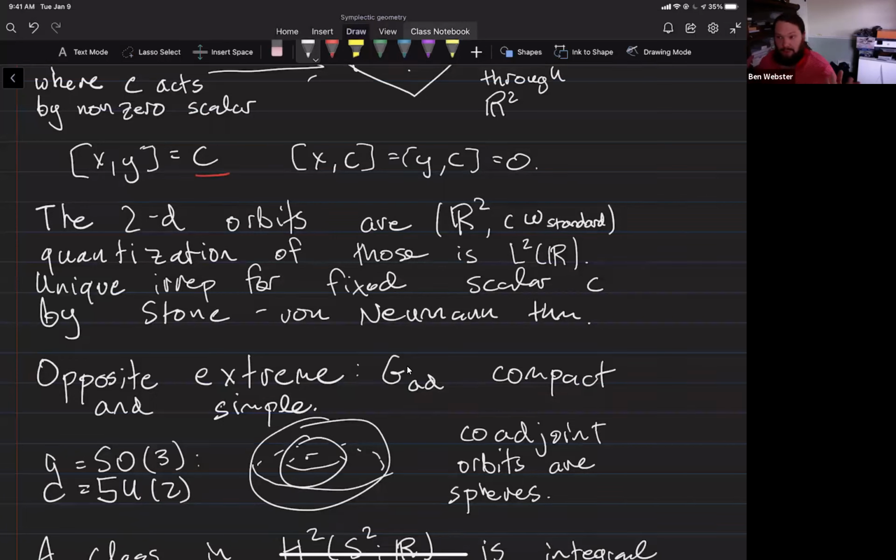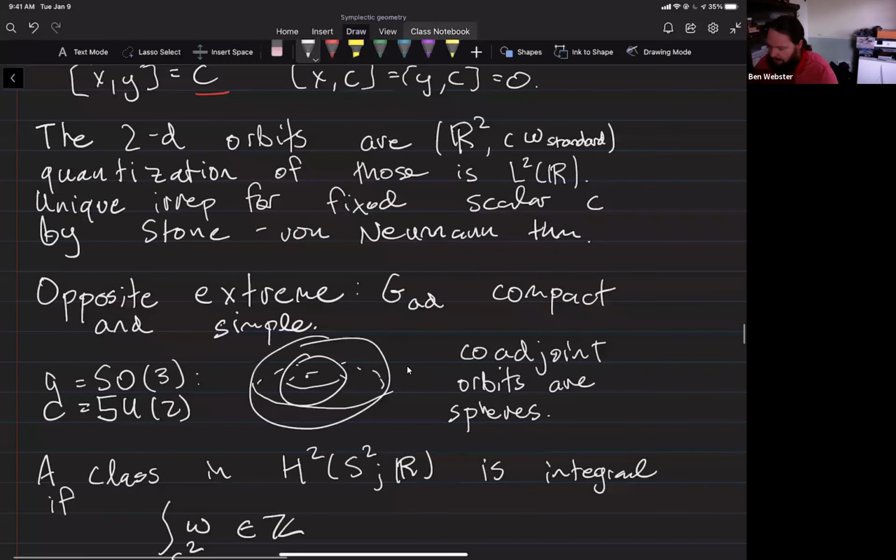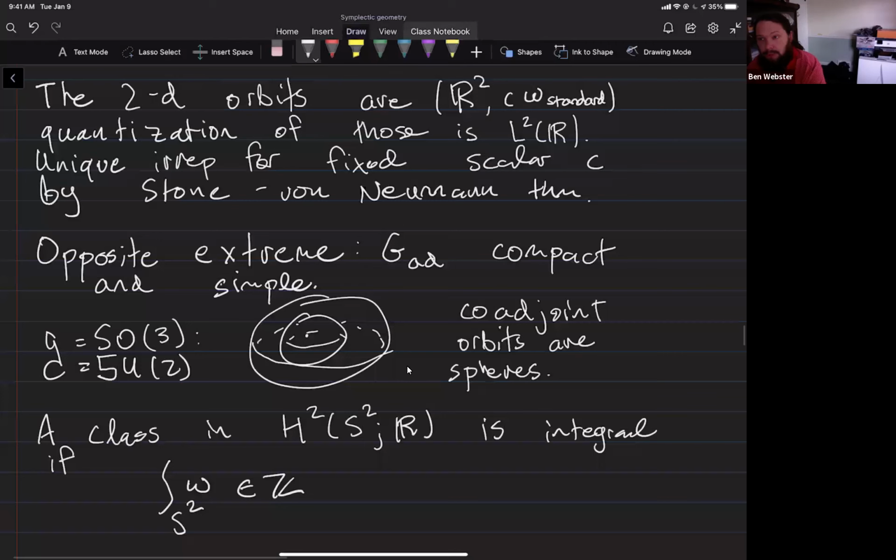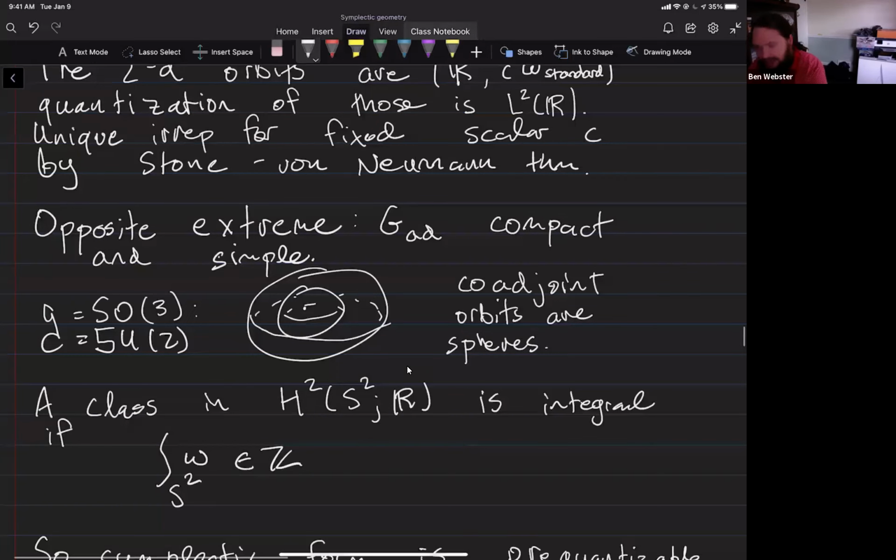In that case, you're just looking at R3, and the coadjoint orbits are spheres. First thing to think about: when are they pre-quantizable? Now that I have non-trivial topology, I always have a non-zero second homology class for my symplectic form, except at the single point. That's okay.